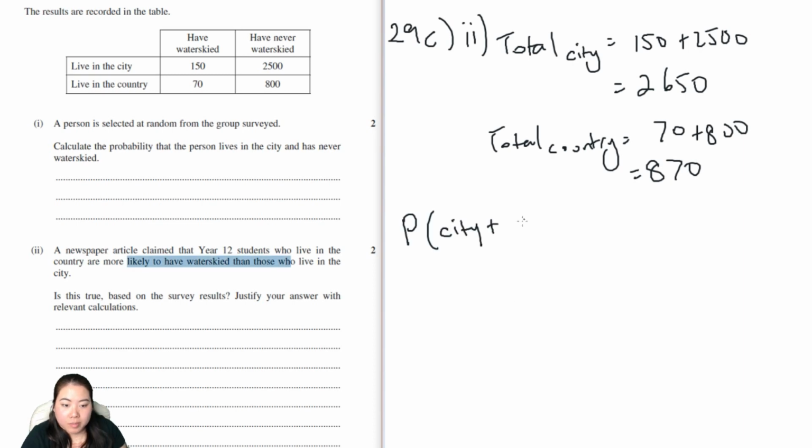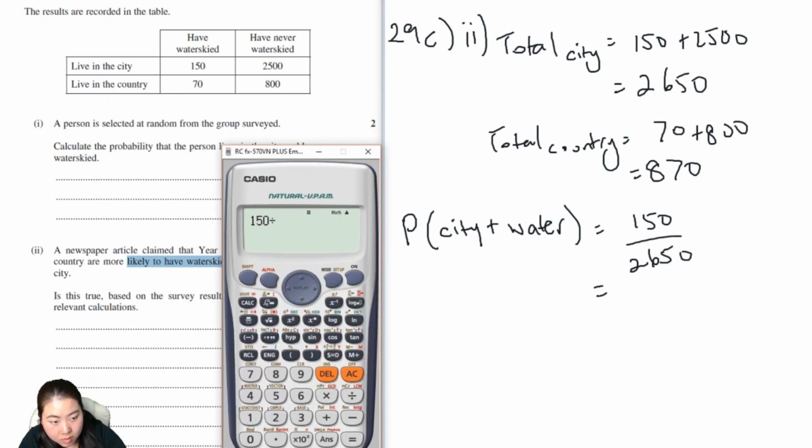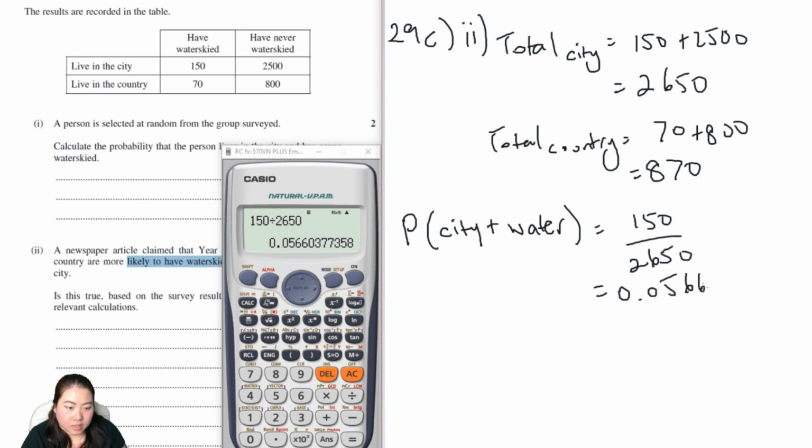The probability of people in the city who have water skied is 150 out of 2,650, which is 0.0566.